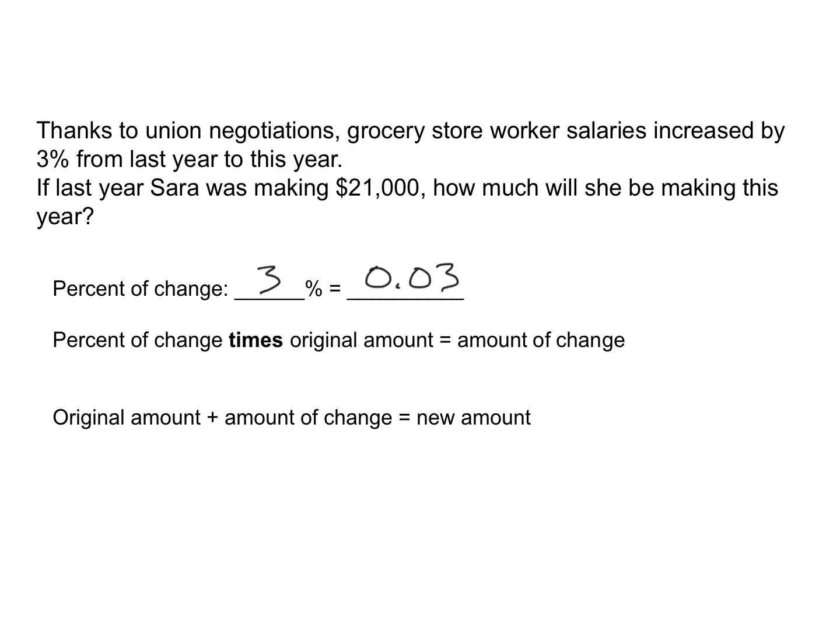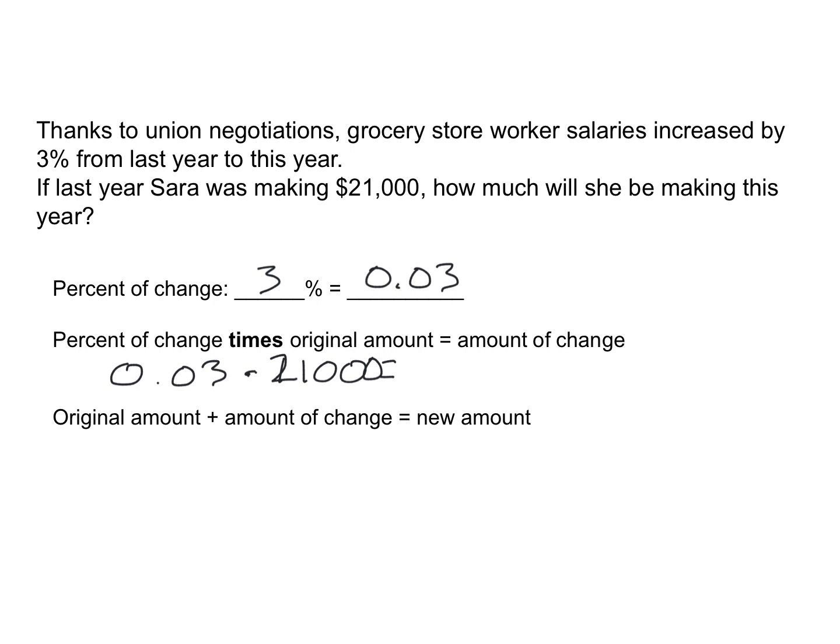Then we need to figure out the amount of change. So we're going to multiply the percent of change as a decimal times the original amount. So times 21,000. And that will tell us what the amount of change is. So I'm putting that in my calculator right now.